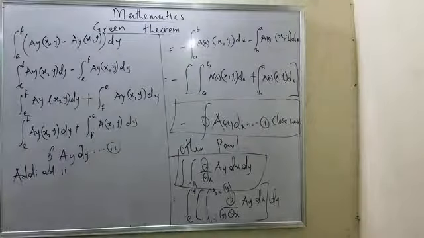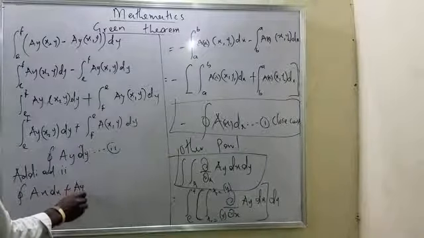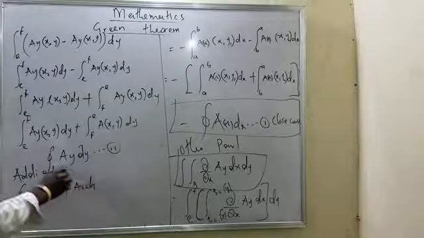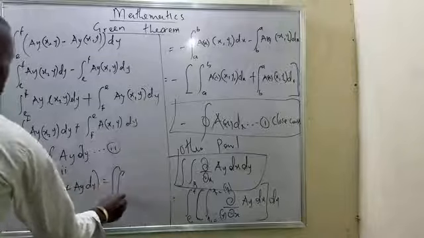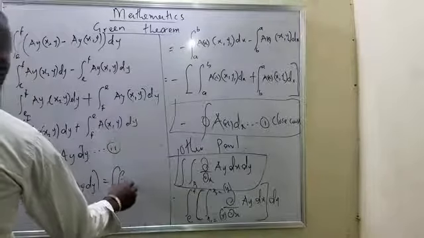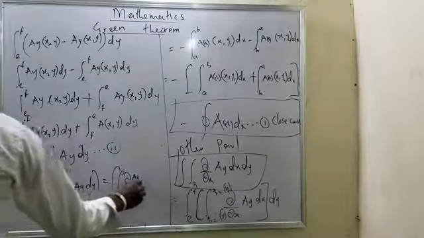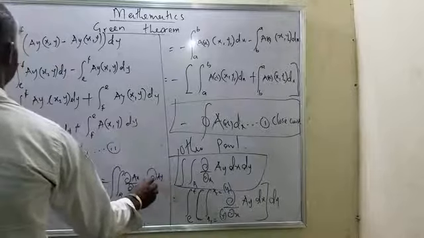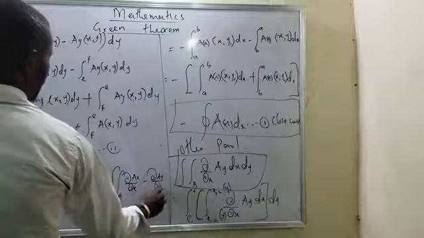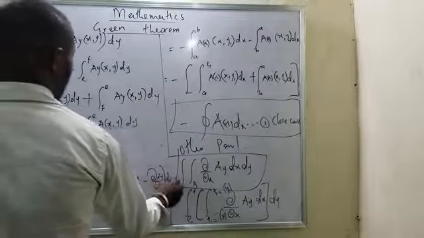Once I add it up, I'll have the integral over the closed curve of a of x dx plus a of y dy, which will be equal to the double integral of the partial derivative of a of x with respect to x plus minus the partial derivative of a of y with respect to y, closed with respect to x and y.